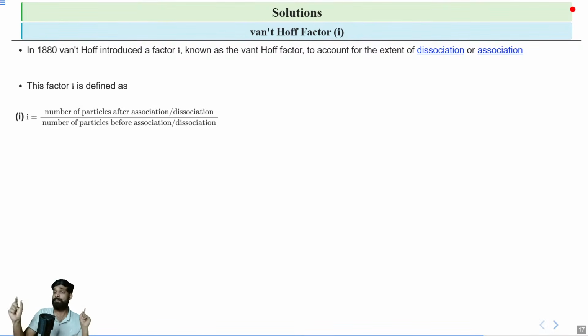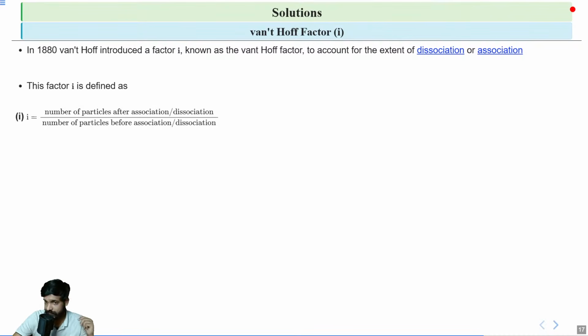Now you took that molecule and put it in the water. What will happen? The number of particles will become 2, one Na plus and one Cl minus. So after dissociation it will be 2, and before dissociation it was 1. So the value of i for NaCl will be 2. Got it? Or you can simply remember it as the number of particles into which your molecule is dissociating.